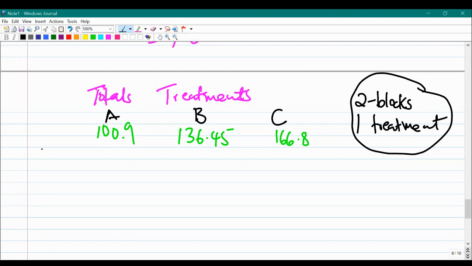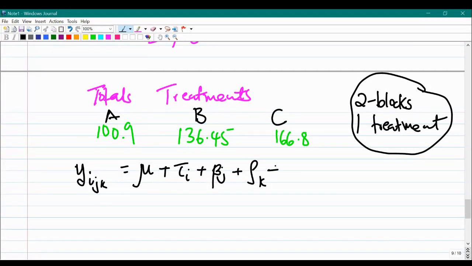That we can have a model which is Yijk, which is the first one can be mu plus tau i plus beta j plus rho k plus eij.